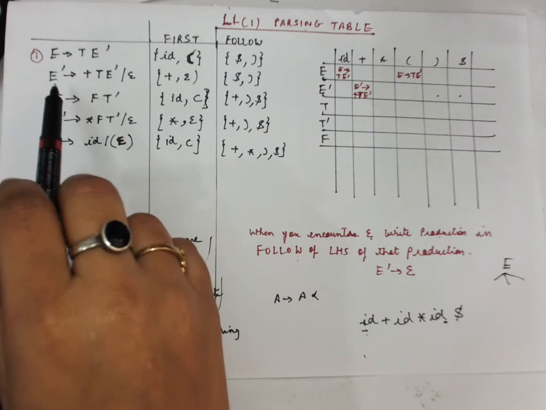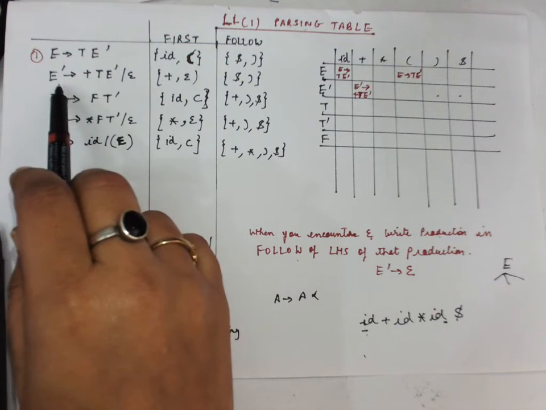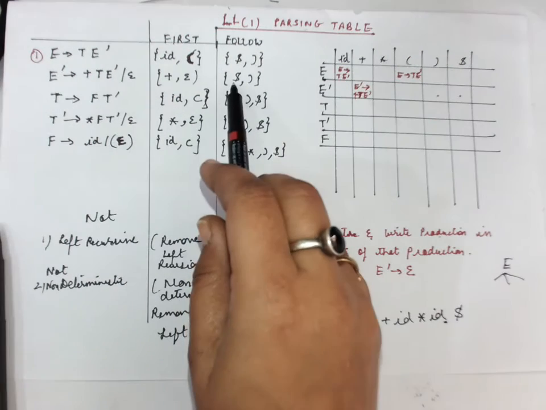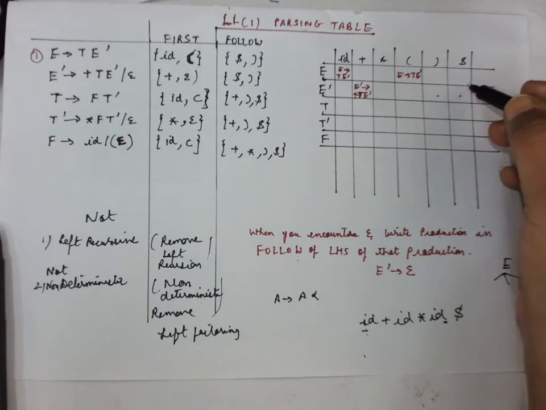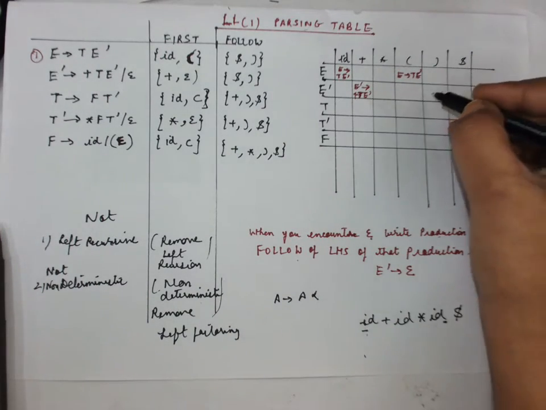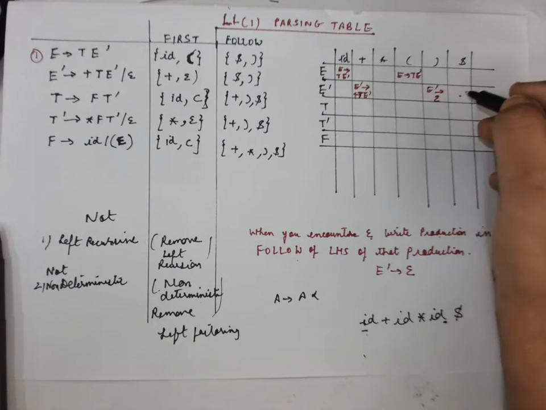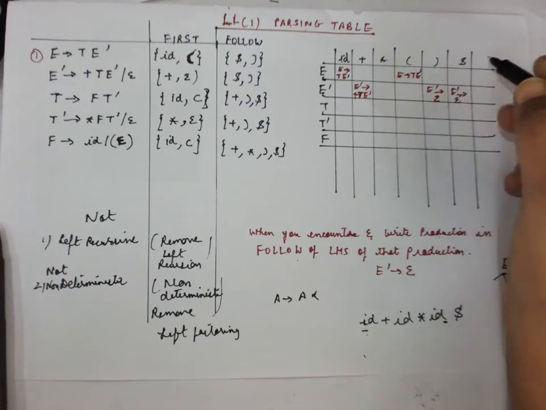So what is the follow of E dash? This is RHS, this is LHS, so E dash is the LHS. What is in follow of LHS? Dollar and right parenthesis. So we will be writing E dash gives epsilon over here and also E dash gives epsilon over here.